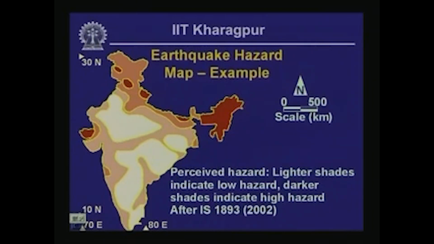This map is a part of the Indian Standard Code 1893 of 2002, which is used by structural engineers for designing civil engineering structures. So you can see that the hazard is remarkably high near the northern part of the country, near the Himalayas and near the foothills of the Himalayas, and near the western fringes of the country.